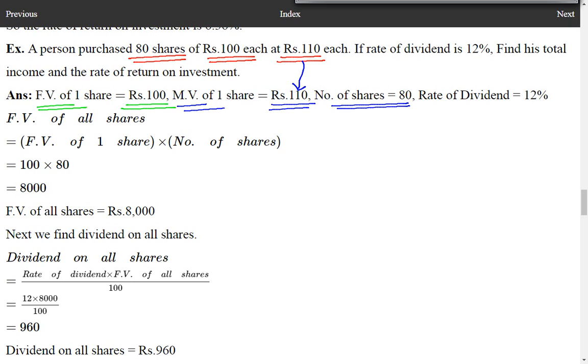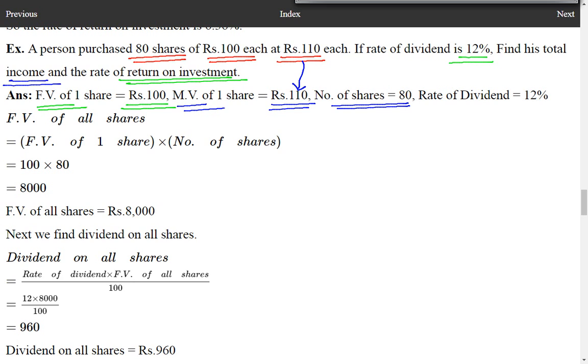The rate of dividend is 12%. We have to find two things. First, his income, and secondly, the rate of return on investment.